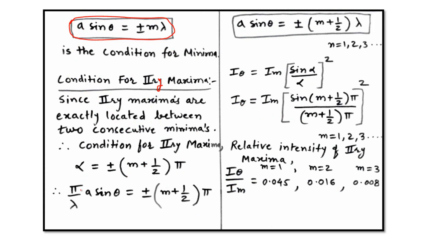So now we can substitute the value of alpha as pi by lambda into a sin theta, and it is equal to plus minus of m plus half pi.